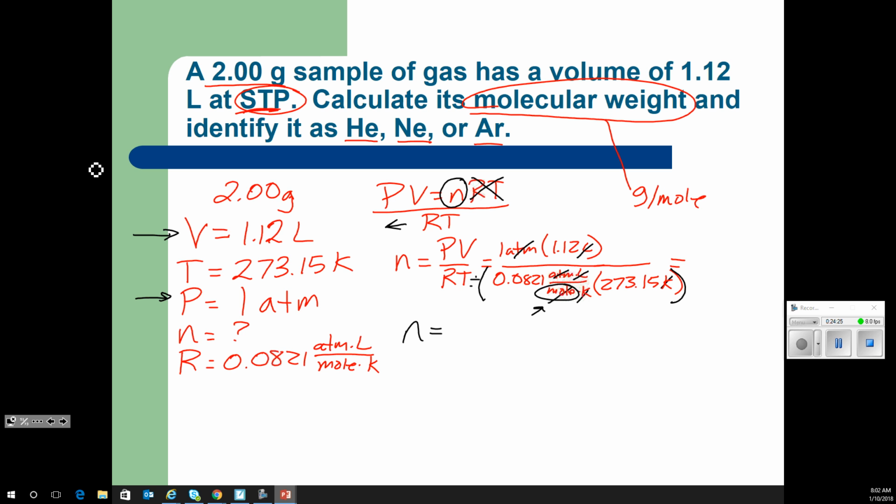Anybody got, yes, what is it? 0.049 moles. Okay, so I know molecular weight is grams divided by moles, right?